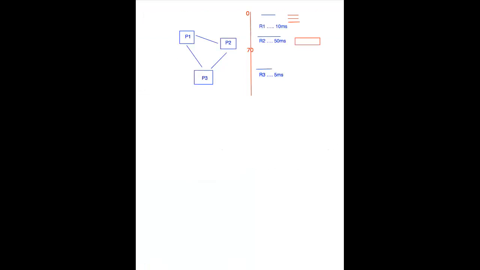Something like P1, P2, then R1, R2, and this waiting condition is something like this. Waiting for this, allocated to this, this is allocated to this, and this is waiting for this.